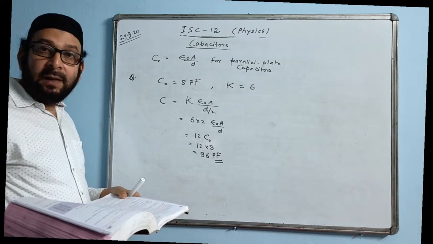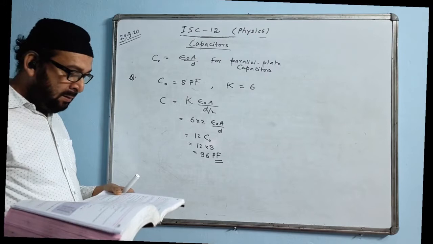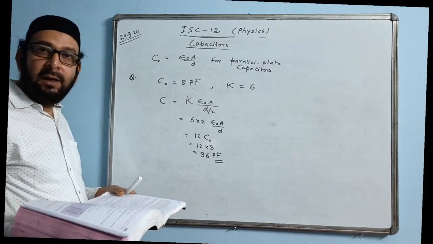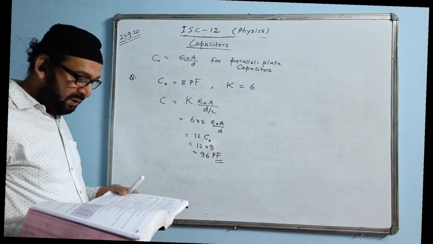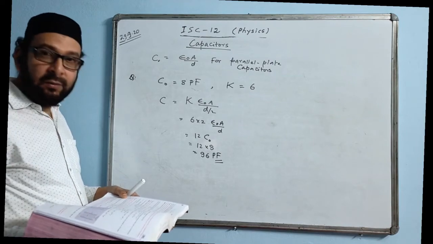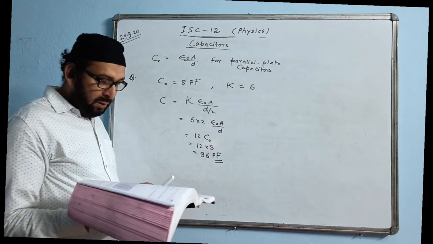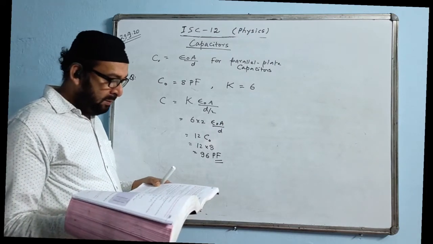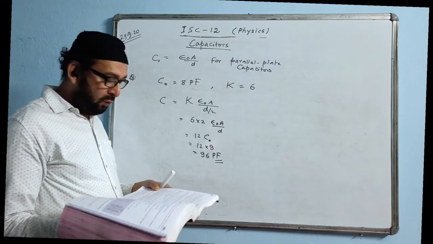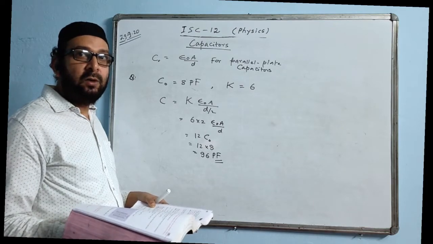A parallel plate capacitor of plate area A equal to 600 centimeter square and plate separation 2.0 mm is connected to a DC source of 200 volt.